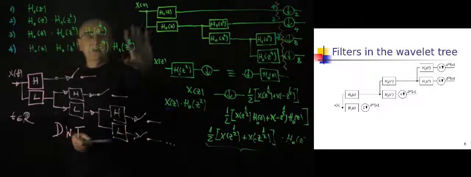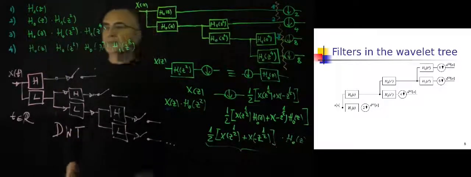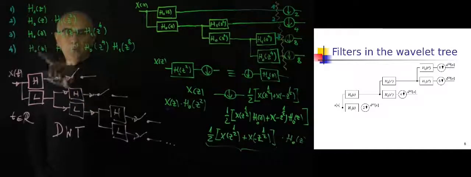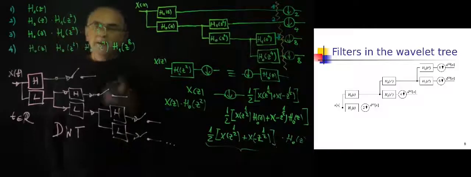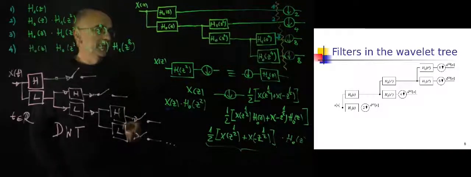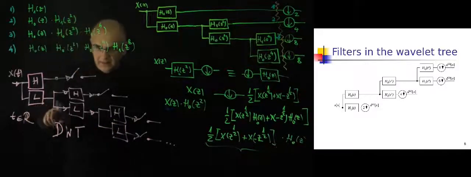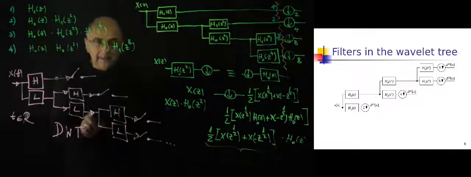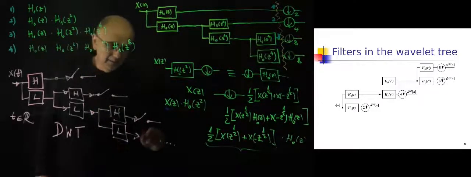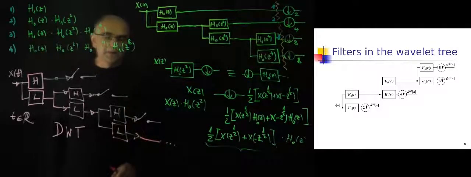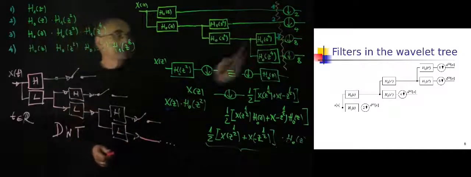So how does it look? It's a kind of a pyramid. In this pyramid, you notice that we have a cascade of low pass filters, and only at the end of the cascade we can see the high pass filter. So it's almost the same as here. We had a cascade of low pass filters, and at the end of some stage the high pass filter, followed by subsampling.